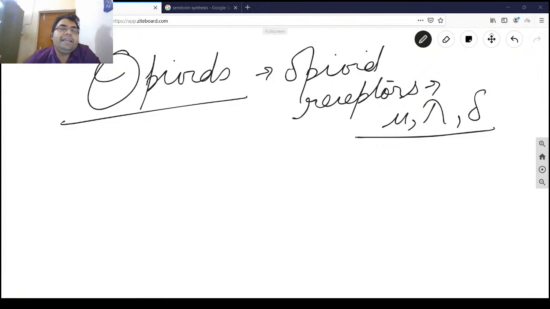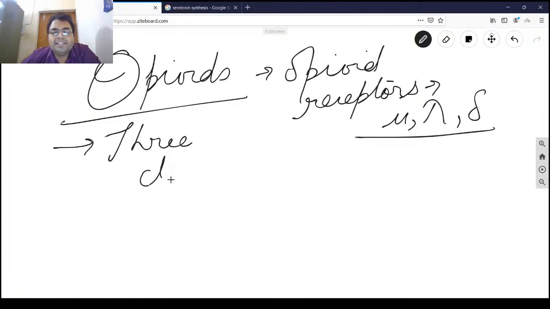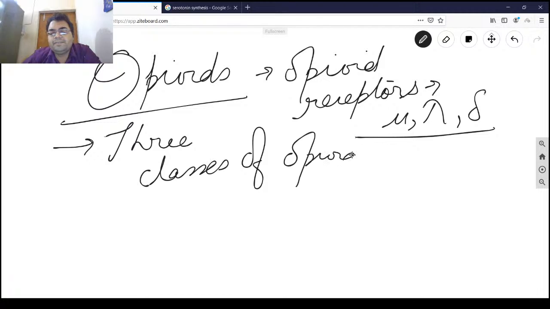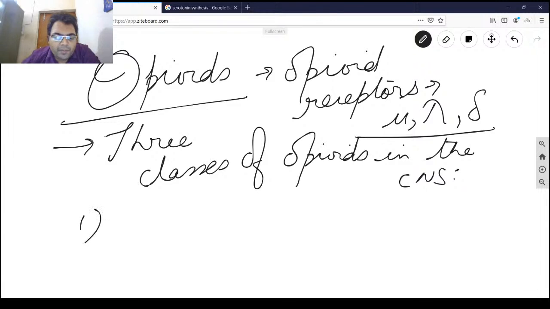So there are three classes of opioids in the central nervous system, that I'll write down for you. Three classes which come in the NEET examination, of opioids in the CNS.